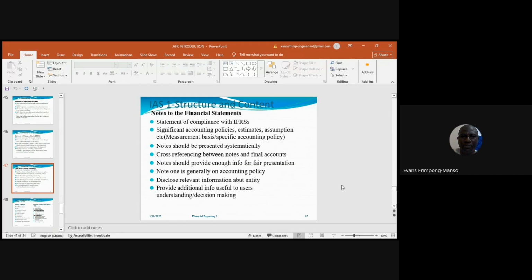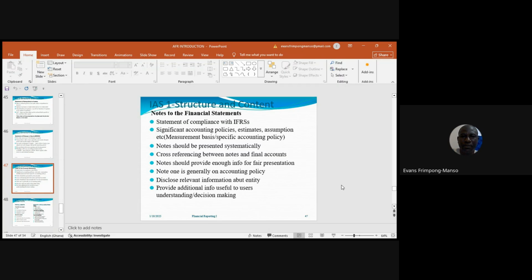Then I told you we have notes to the financial statements. And the notes to the financial statements can be made up of some of these. We can say that these are the information that you will always have. But the notes to the financial statements are that information that is going to help the user understand the financial statements that you have prepared properly.